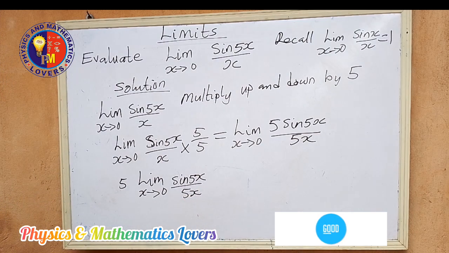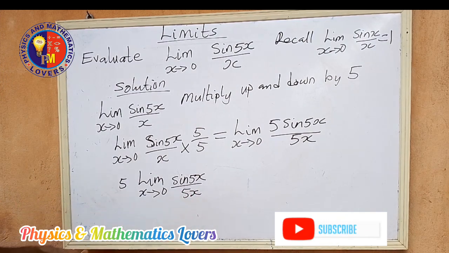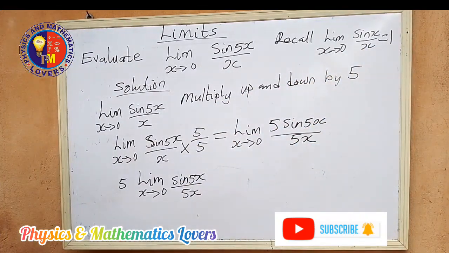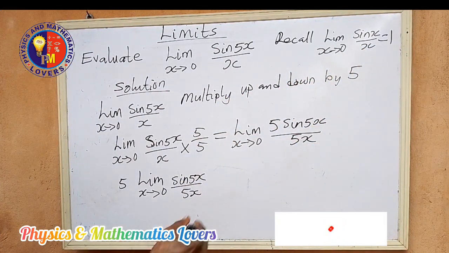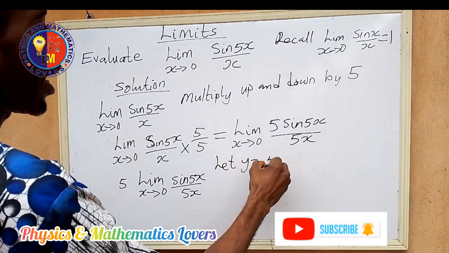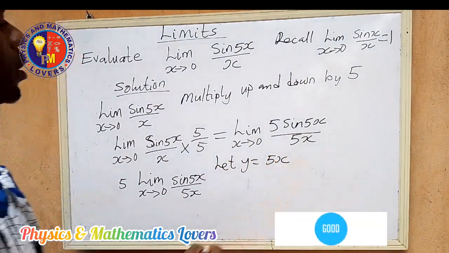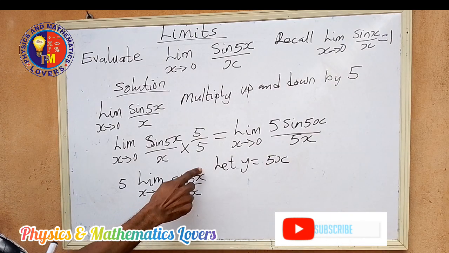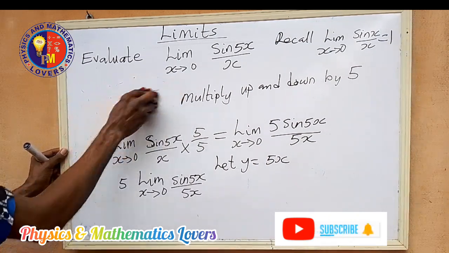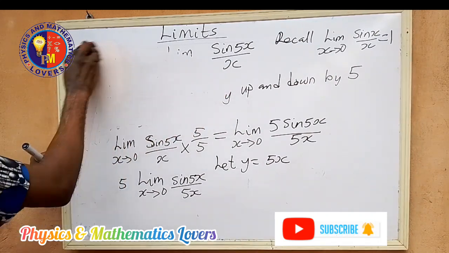Here, without wasting much time, I can take this one to be like this. But if I don't want to make it look like that, I can say let y equal 5x, meaning that the whole of this 5x will become y.